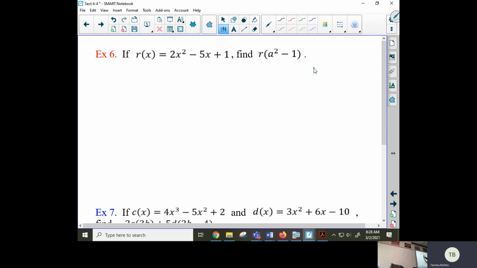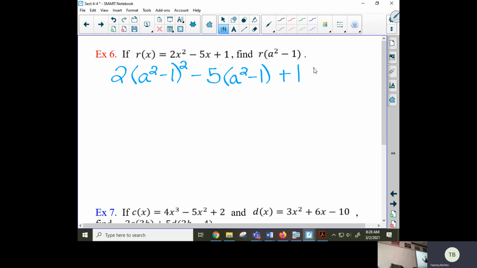So everywhere we see an x here, we have to put this a squared minus 1 in. So we're going to have 2 times a squared minus 1. And that is squared because our x is squared. Minus 5 times a squared minus 1, and then plus 1. Okay? So when you do this, this is not just squaring that minus this square.